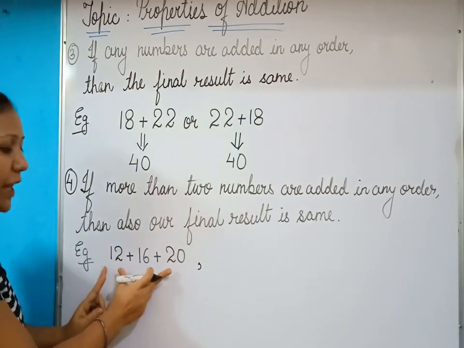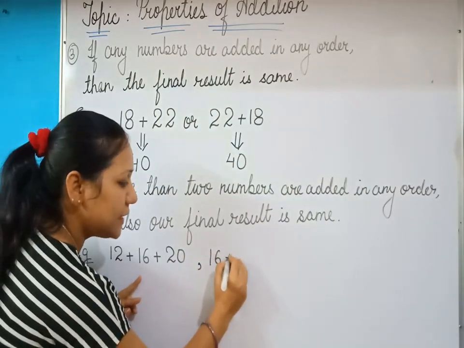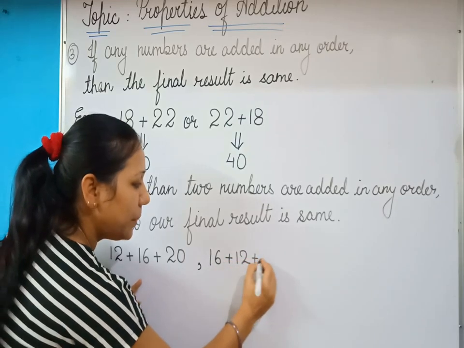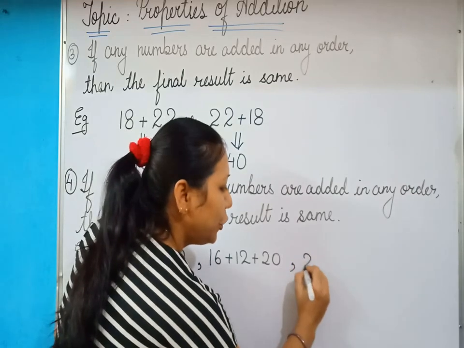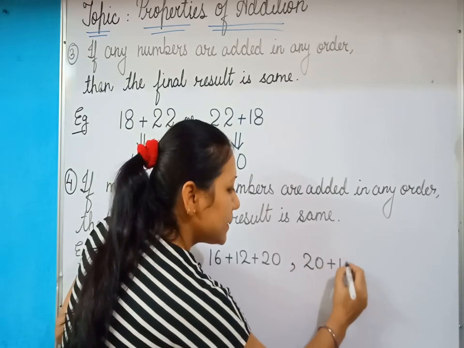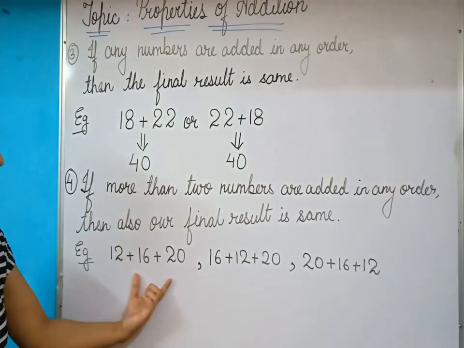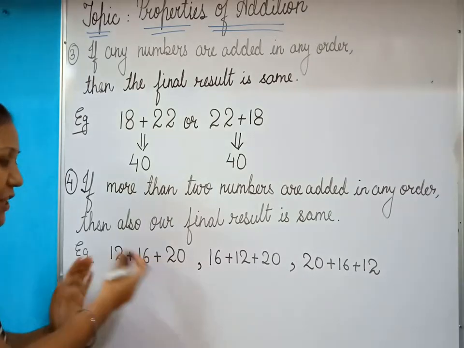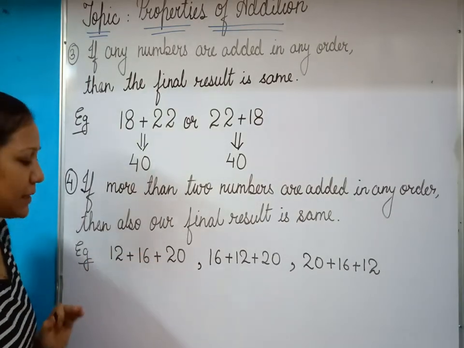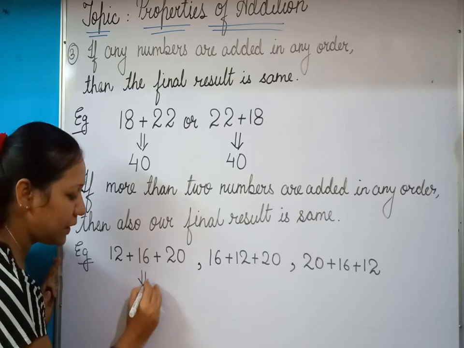Similarly, the same value, I will change the order of it, and can I write it as 16 plus 12 plus 20, or I write it in this format 20 plus 16 plus 12. So I have written these three different values in these three different orders by shuffling their places. So what is the final result for all these three cases?